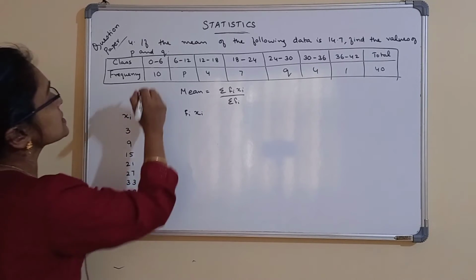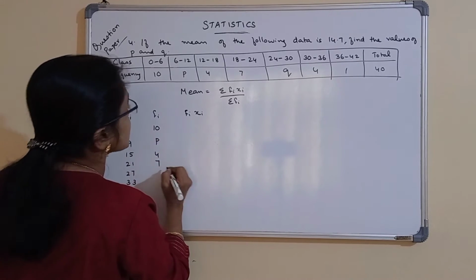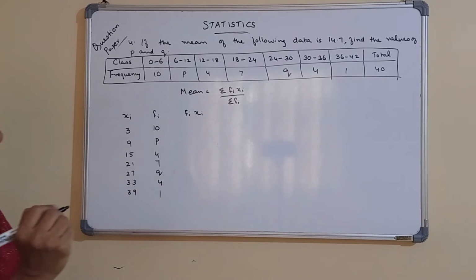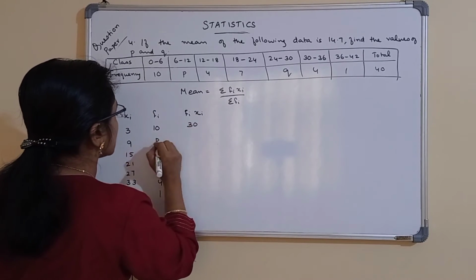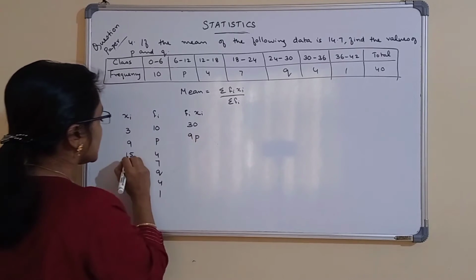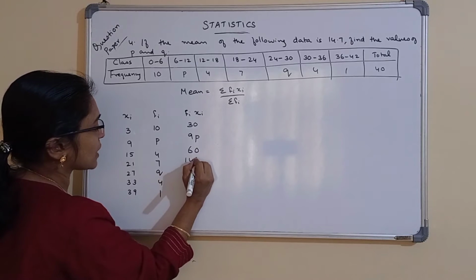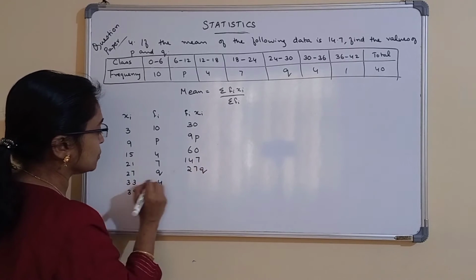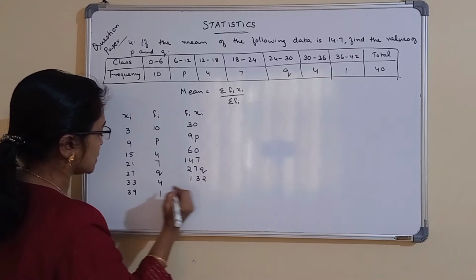Now Fi is 10, P, 4, 7, Q, 4, 1. And Fi xi is 3 into 10, 30, 9p, then 15 into 4 is 60, 21 into 7 is 147, 27 into q is 27q, 33 into 4 is 132, right?